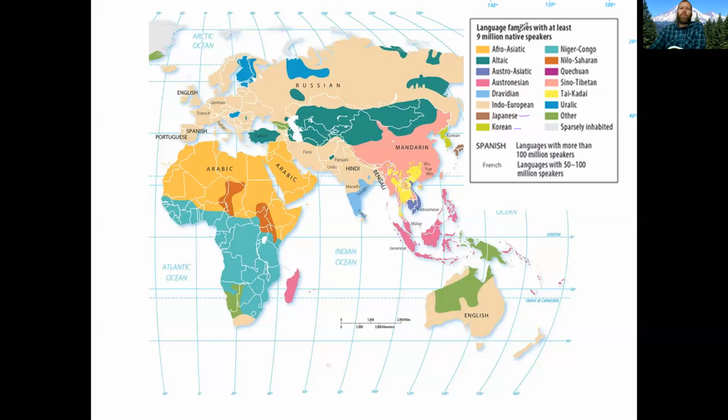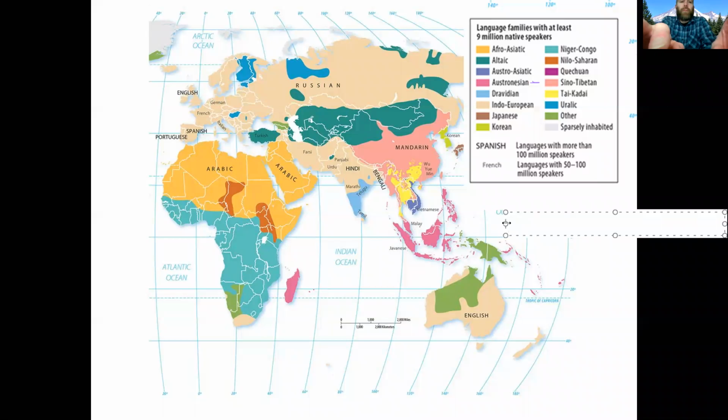The next one I wanted to draw your attention to is called Austronesian. And Austronesian is kind of interesting because it's potentially, besides Indo-European, the most widely distributed. And you might go ahead and be jotting these things down on your map.